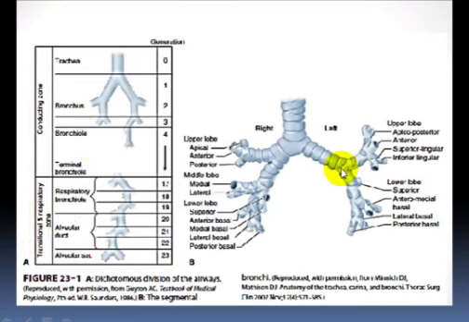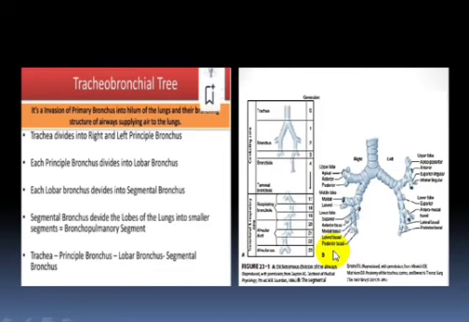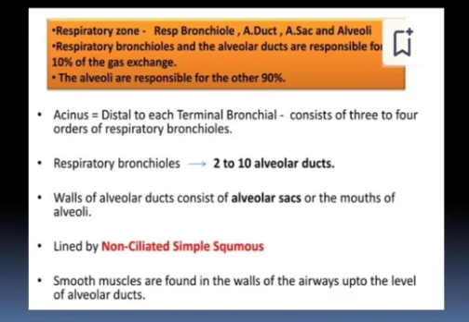So this is what I was explaining, although I used the diagram to make it clearer for you to understand. So the respiratory zone, like I said, is made up of respiratory bronchioles, the alveolar ducts, the alveolar sac. Okay?